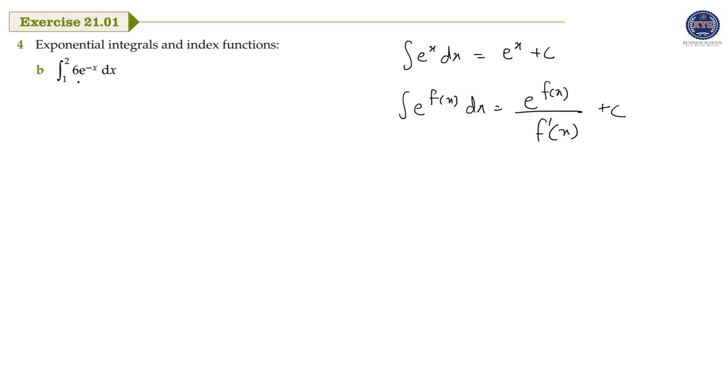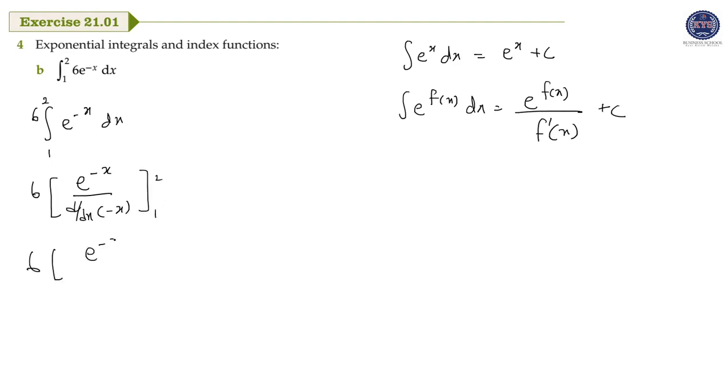Okay, so kalau tak suka dengan 6, boleh letakkan 6 outside. Alright, so 6, number 1 you copy dahulu, and don't forget to differentiate of your function. Okay, so 6 dapat negative 1.